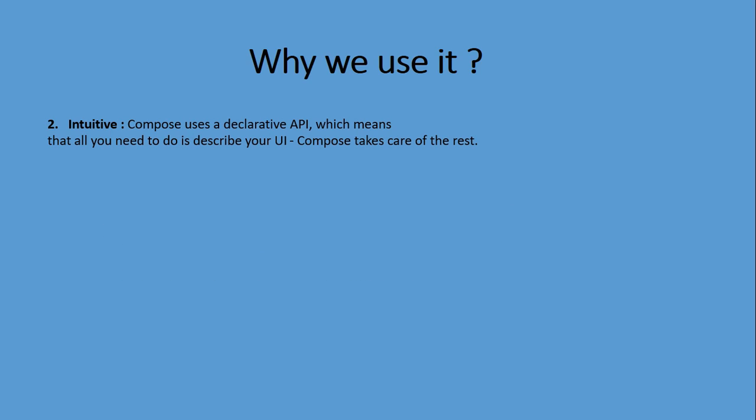This means that we don't need to maintain two different files to show any UI to the user. Like in the case of views, we have a separate XML file for the view, and a separate file for the activity or fragment, which manages what we need to show and what happens when the user clicks on any item.